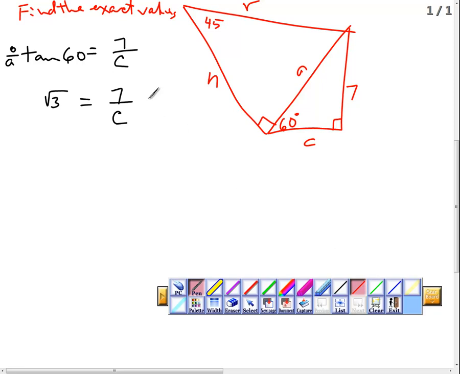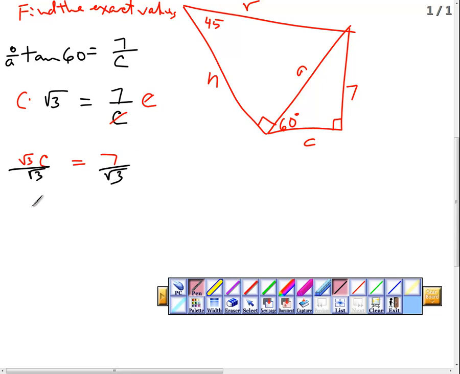Well, if we multiply C to both sides, we get square root of 3 times C equals 7, and then we divide by the square root of 3, we get C equals 7 square root 3 over 3.